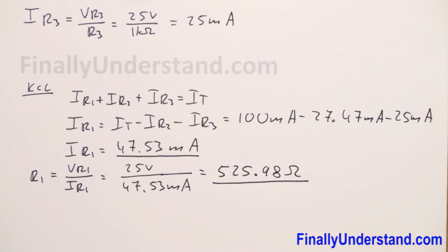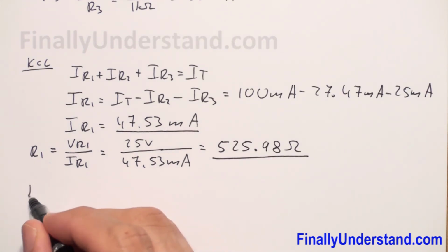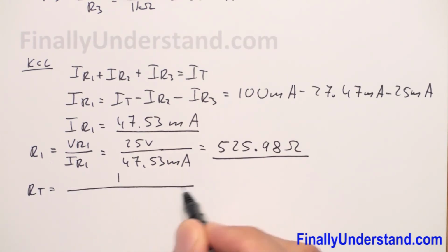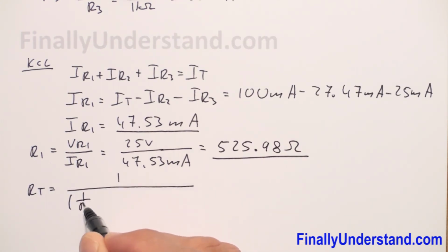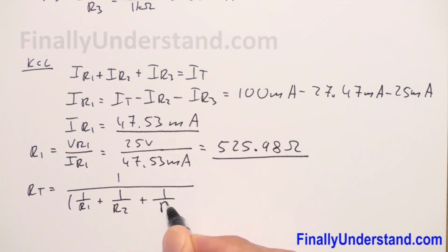Next, we're supposed to find the total resistance. R total is equal to 1 over 1 over R1 plus 1 over R2 plus 1 over R3.